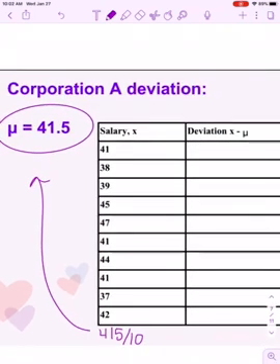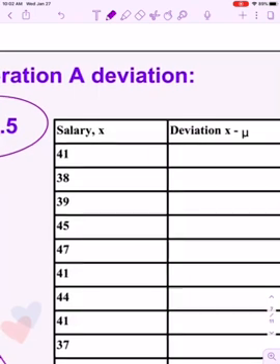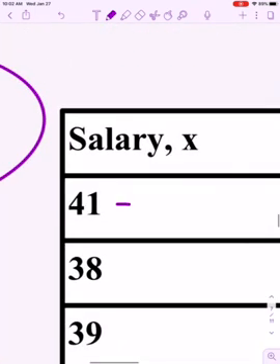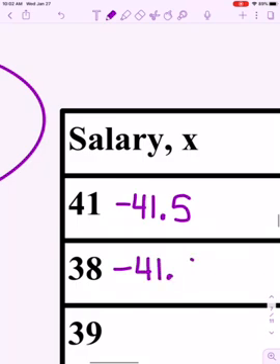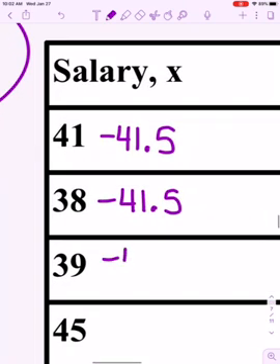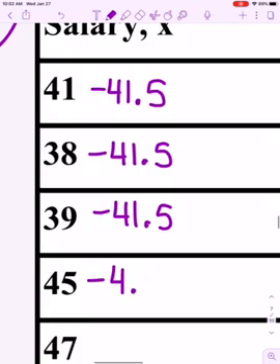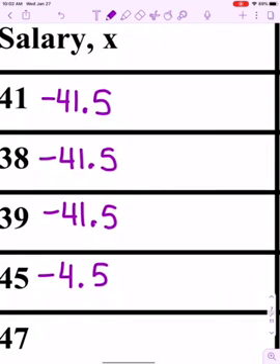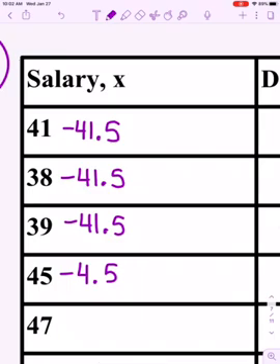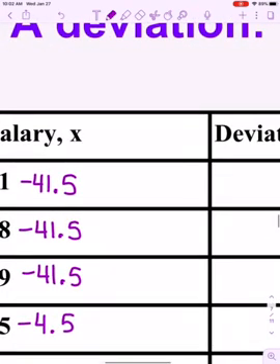To find your deviation, you take every data point and subtract the mean. So like 41 minus 41.5, 38 minus 41.5, all the way down, to figure out how far away each of these is from average. How far away are you from the norm? If you look at the first one, 41 minus 41.5 is super close, but it's below average by a little bit.